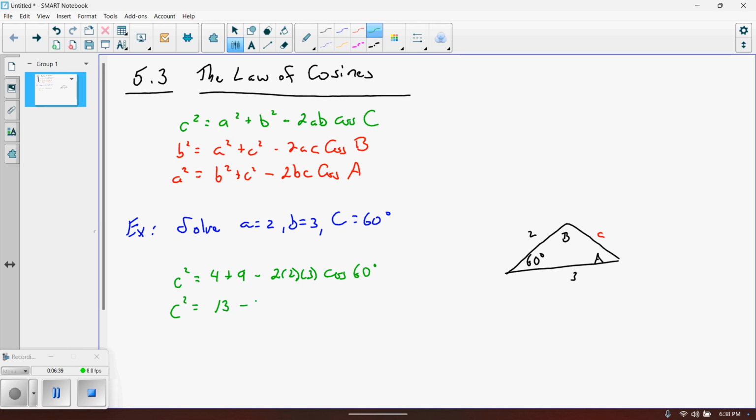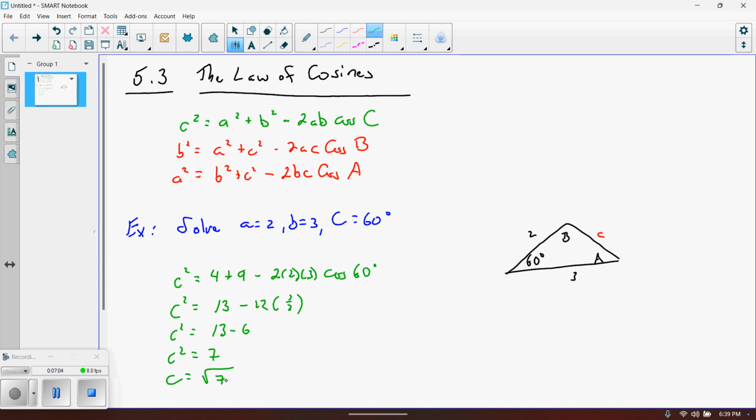So we get minus 12 cosine of 60, which is 1/2. So then c squared is 13 minus half of 12, which is 6.